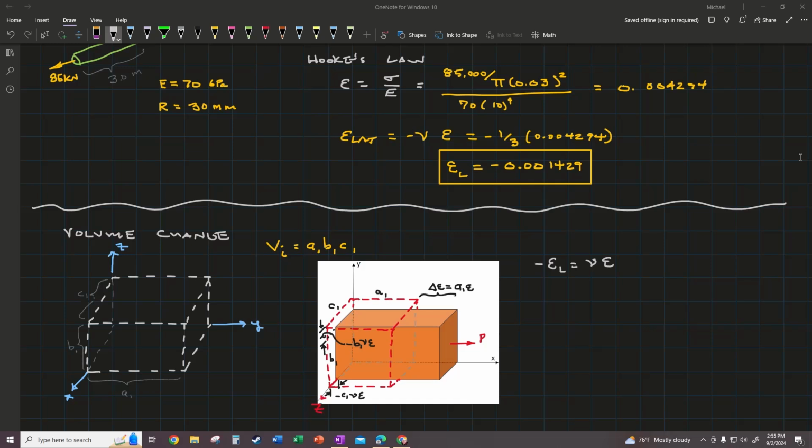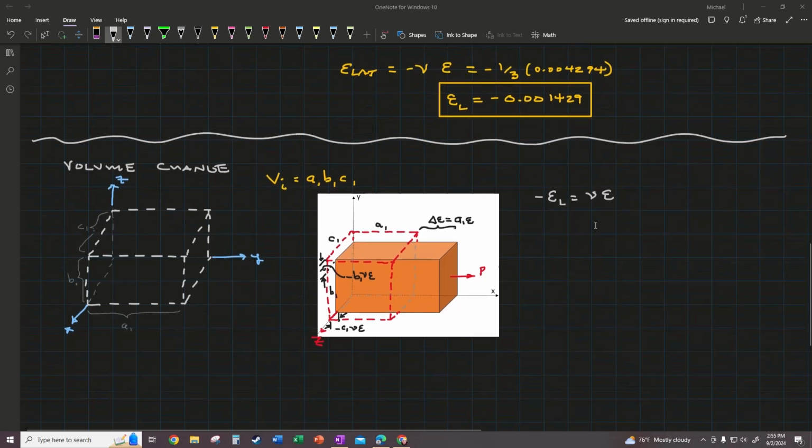So I'm relating nu times the longitudinal strain to the lateral strain, or I guess I shouldn't call it longitudinal, I should call it axial, so there's no confusion.